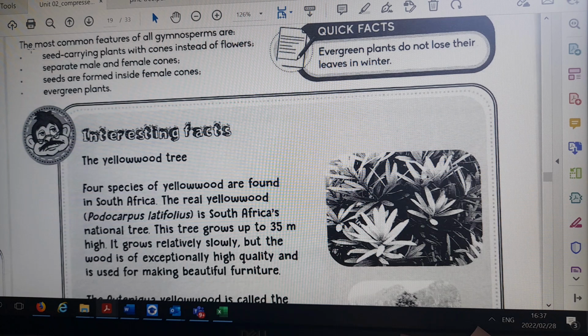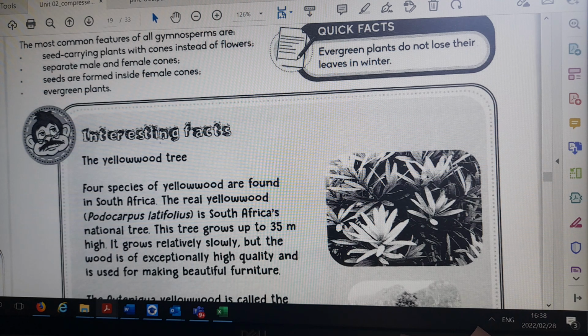Now they say here the most common features of all gymnosperms are seed-carrying plants with cones instead of flowers. They separate male and female cones. Seeds are formed inside female cones, and they are evergreen plants. The pine trees, I've always seen them, we've got them around my house. They are evergreen. And they say on the quick facts, evergreen plants do not lose their leaves in winter.